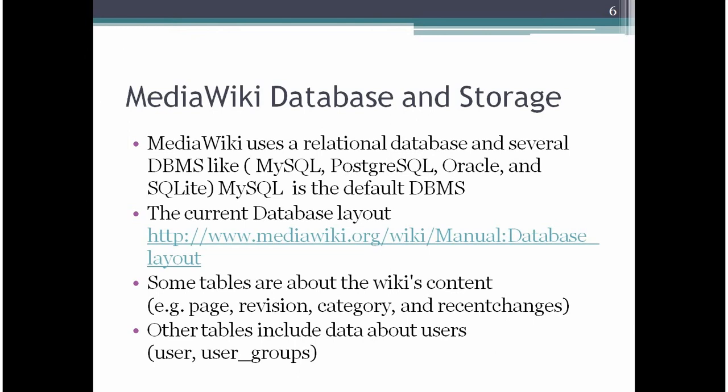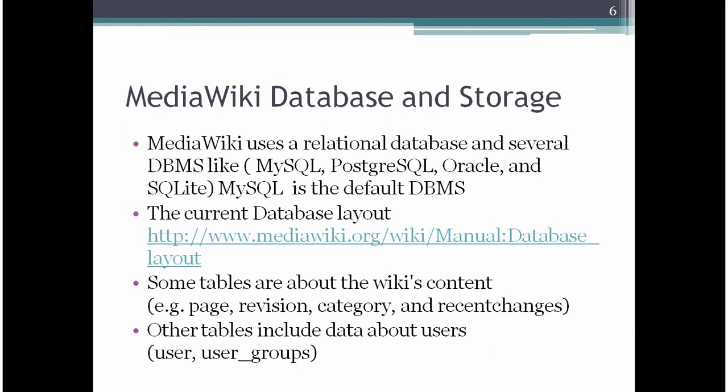Some of the important tables are the tables that hold the content of the wiki, like the page table, where all the pages or articles on the wiki are stored. There's the revision table, which maintains the multiple revisions for each page. And there is a category table, which is basically if you want to group your pages under one generalized category.